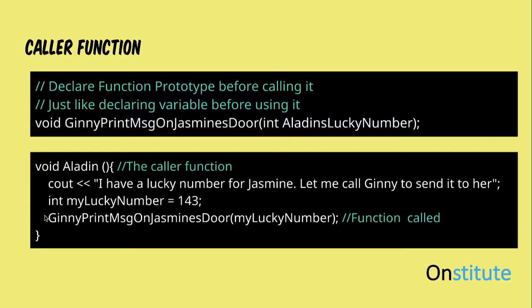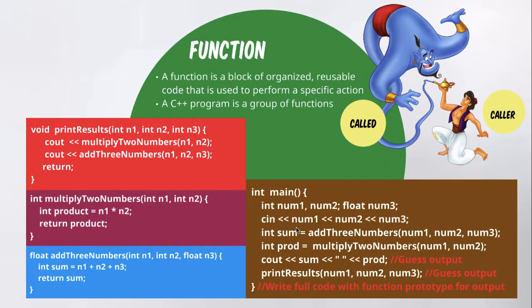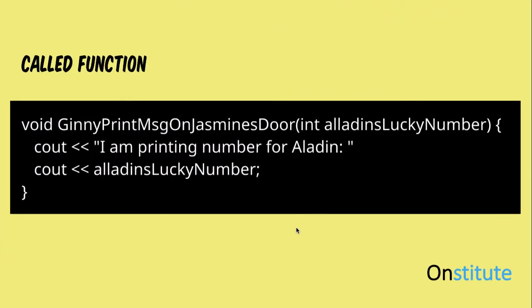So he called Genie to print message on Jasmine's door and passes his lucky number to him. As soon as the C++ program encounters this line, it calls the function and it directly goes inside the called function.